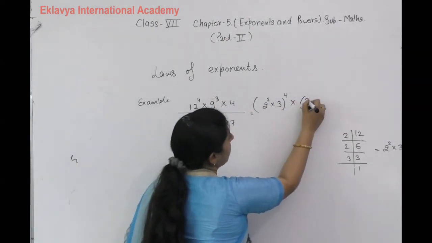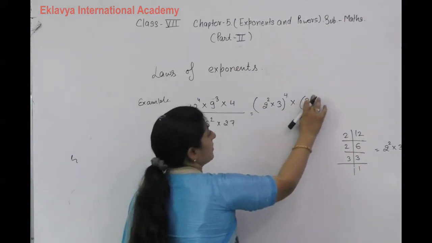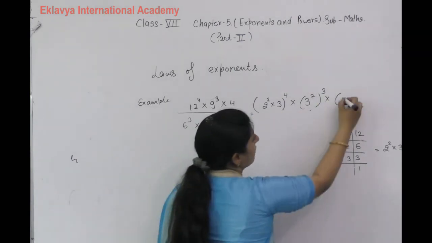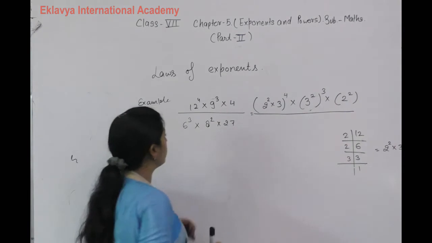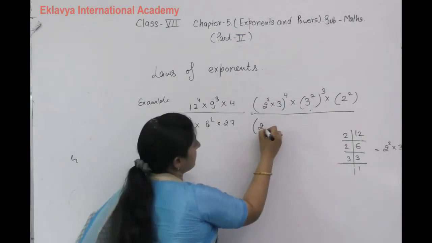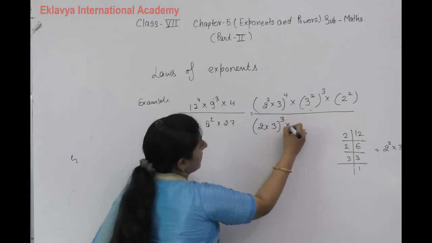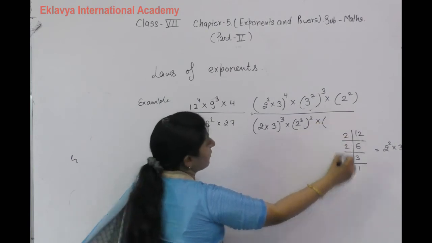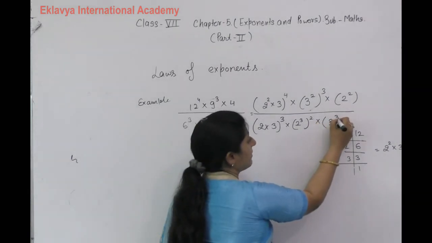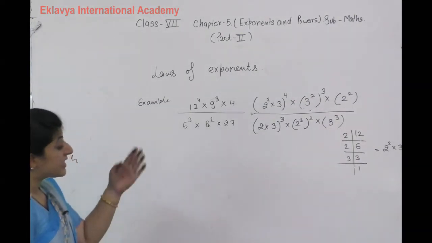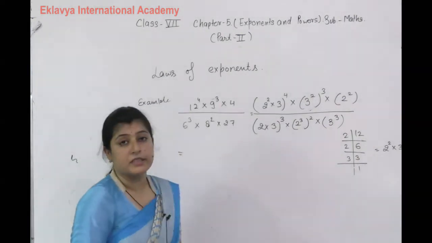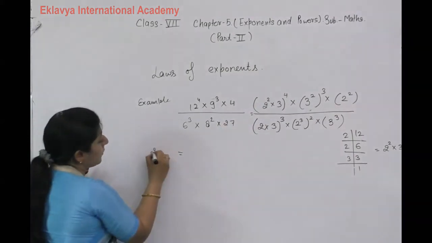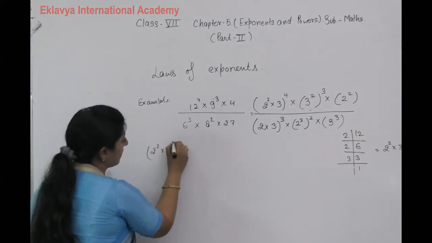Multiply 9, we can write as (3^2)^3. Then 4 is 2^2, upon 6 which is 2 into 3, to the power 3, 8 is 2^3 to the power 2, multiply 27 which is 3^3. Now see, there are powers of only prime numbers, so we can solve easily. Here firstly solve (2^2 into 3)^4.